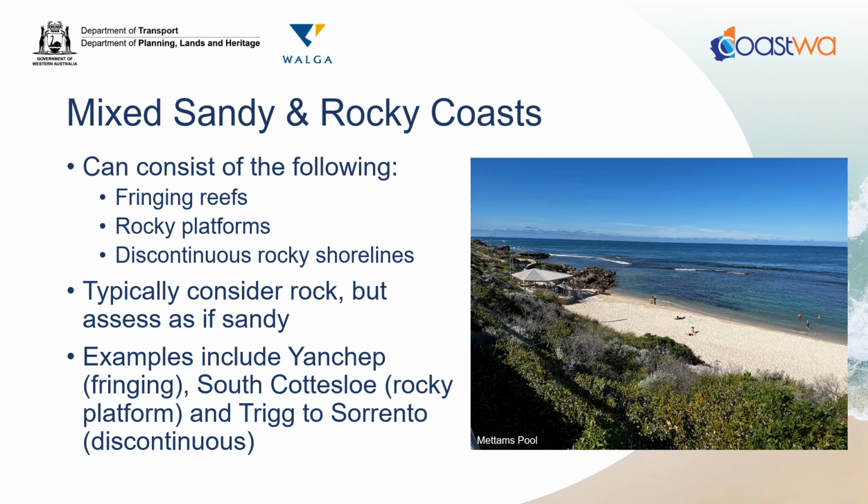You typically consider the rock in these areas, but we'll complete an assessment as if it's a sandy beach. Examples include the Yanchep Lagoon, which has got fringing reefs, Mettams, which is shown in the photo there, which has fringing reefs and some discontinuous rock headlands, Southcott, which has rocky platforms, and that entire northern stretch from Trigg to Sorrento has some discontinuous rock and reef through those areas.